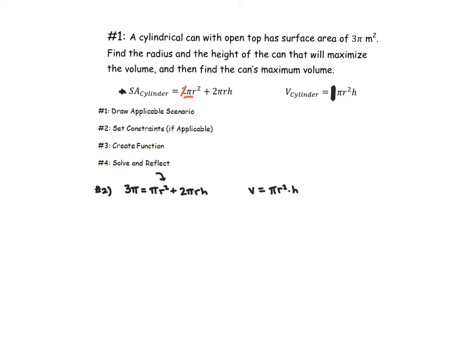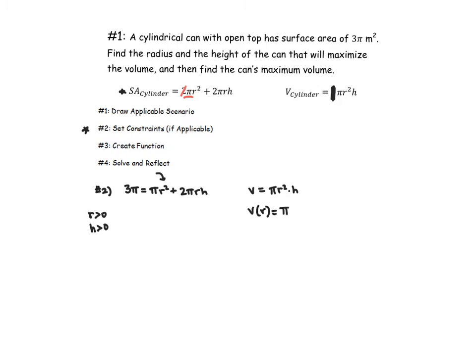So the constraint that I'm given here is this. And of course, I know both r and h. Another portion of the constraints is that r has to be greater than 0 and h has to be greater than 0. There's really no upper limit on that, or lower limit other than 0. So I'm going to choose to solve for h and write v in terms of r.